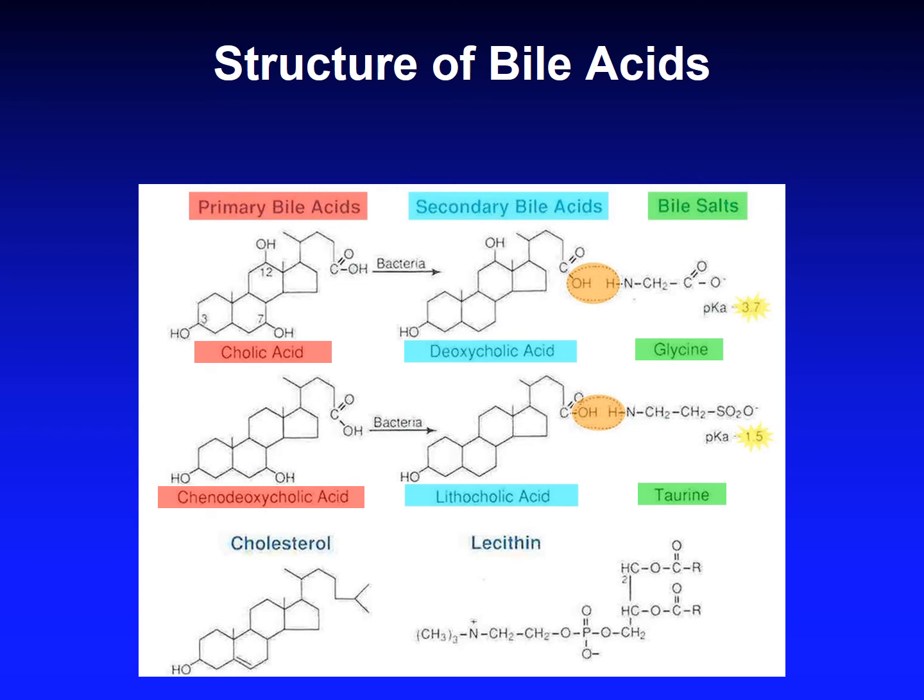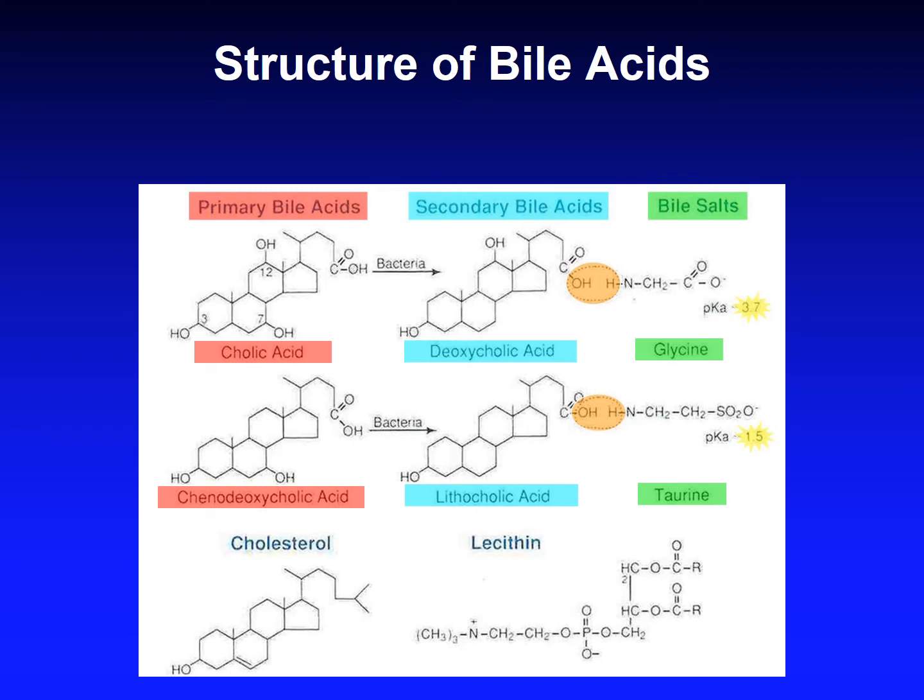This is a primary, and this is a secondary. All of these are examples. The very bottom of the picture shows you where the cholesterol is. Lecithin, which is also a phospholipid. Taurine, again, a bile salt. And glycine. All of these are basically different structures of different bile acids, primary and secondary.